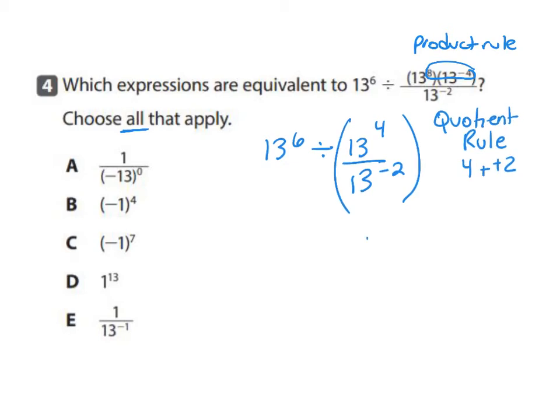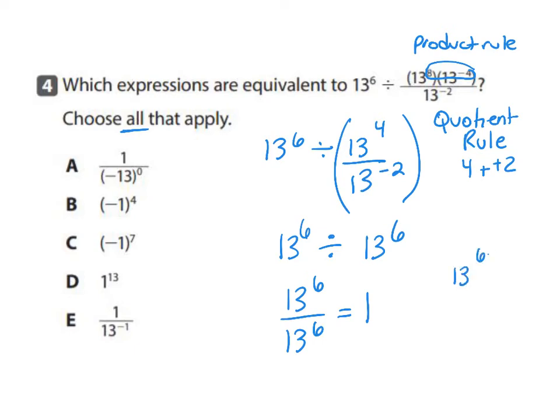So you end up with 13 to the 6th power. So I have 13 to the 6th divided by 13 to the 6th. It might help you to see it like this, like we saw in our video. Anything divided by itself is 1, so this is always going to be 1. I could prove it by saying 13 to the 6 minus 6 gives me 13 to the 0, or 1.